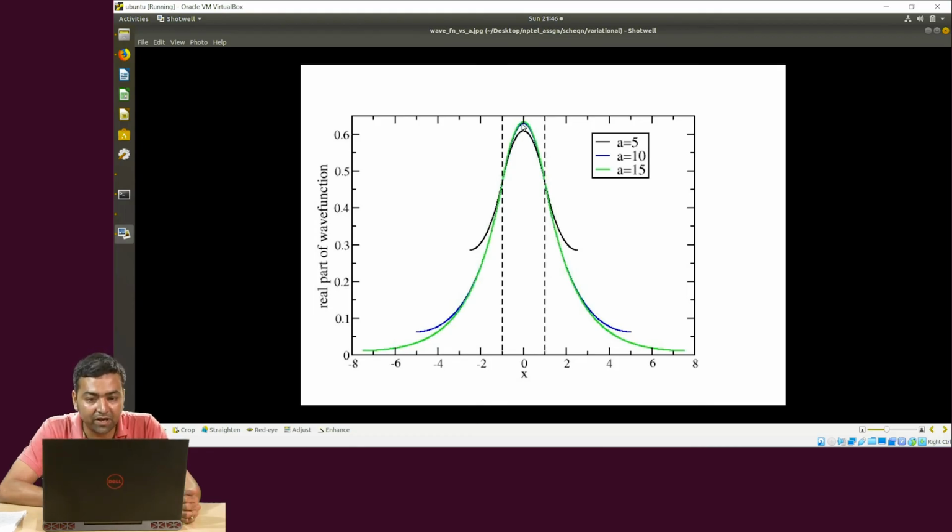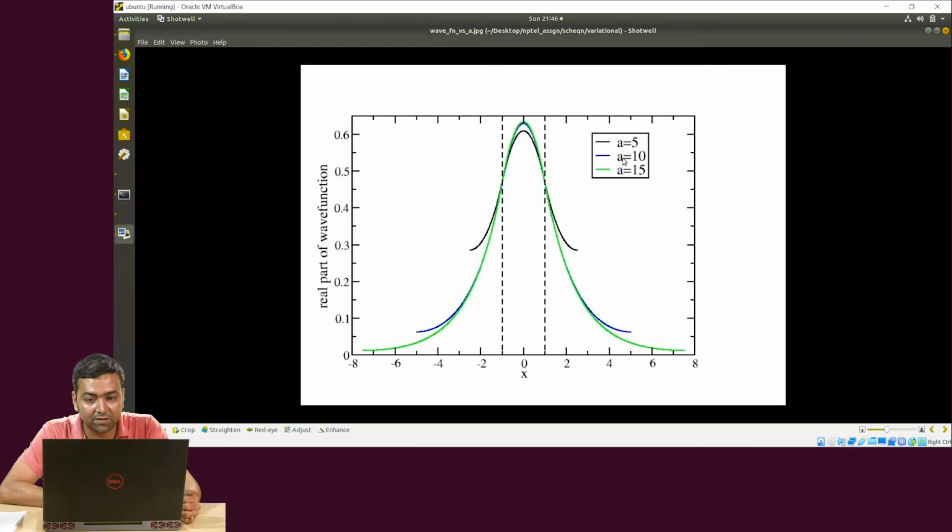What you see is that for A equals 5, your wave function is significantly different from that of A equals 10 and 15, which are the blue and the green lines here. The wave function has not decayed by the time it reaches the end of the periodic box.